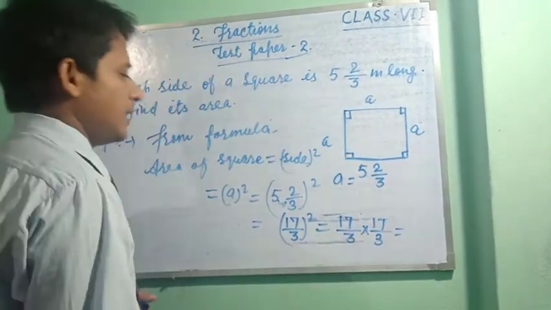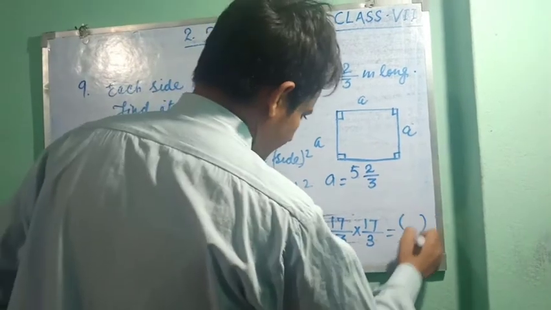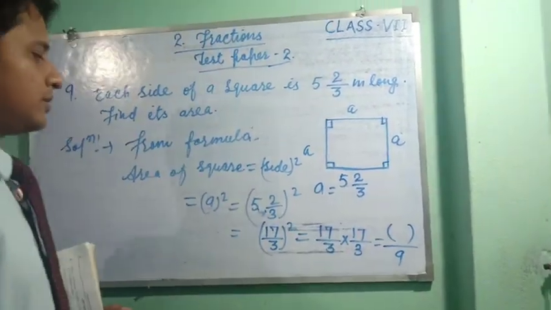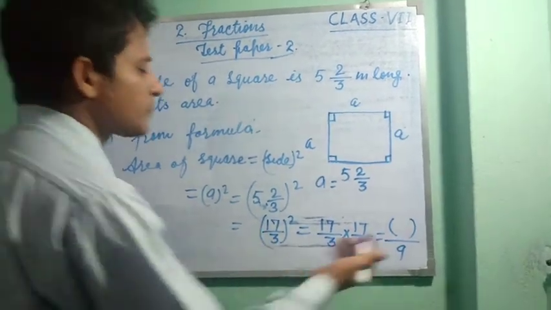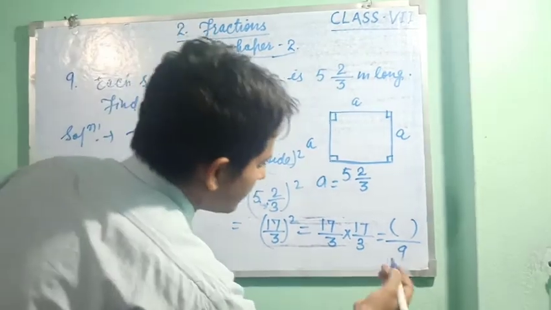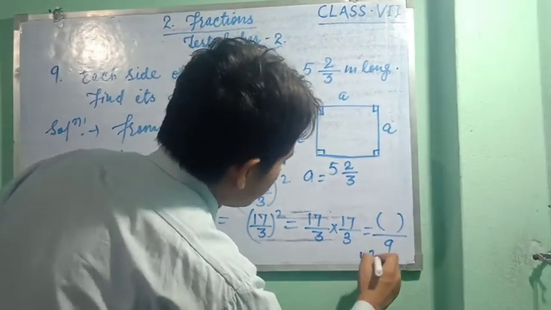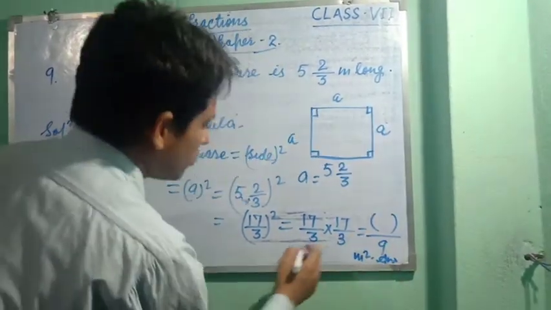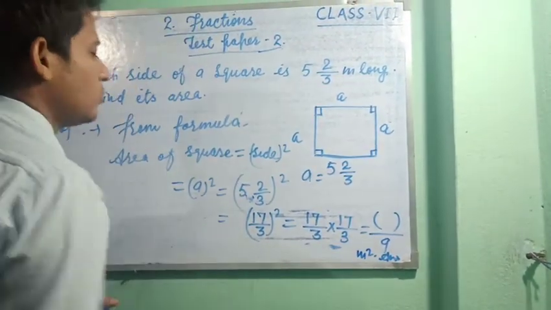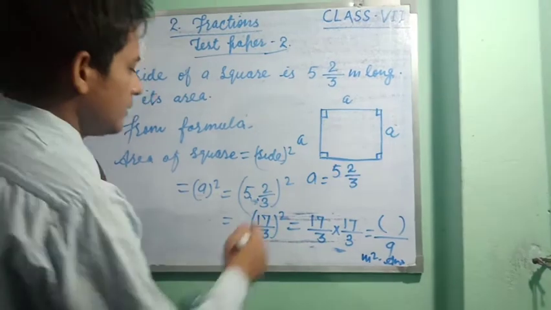Now multiply 17 by 17, write down the number, and 3 multiplied by 3 becomes 9. Now turn the improper fraction into a mixed fraction. This gives us the answer. The unit is meter square, because this is the area: here is meter, here is also meter, so meter into meter is meter square.